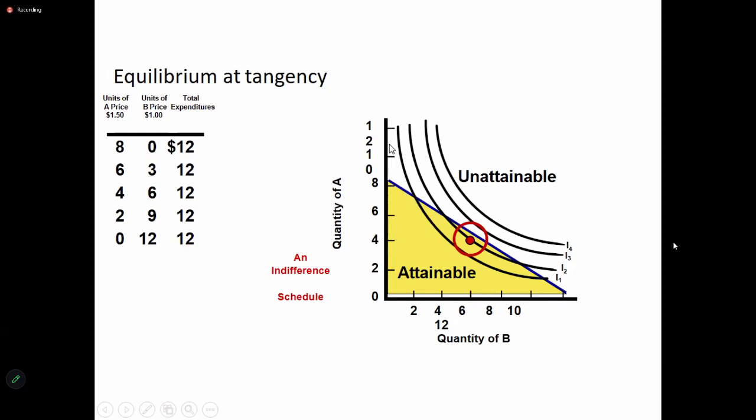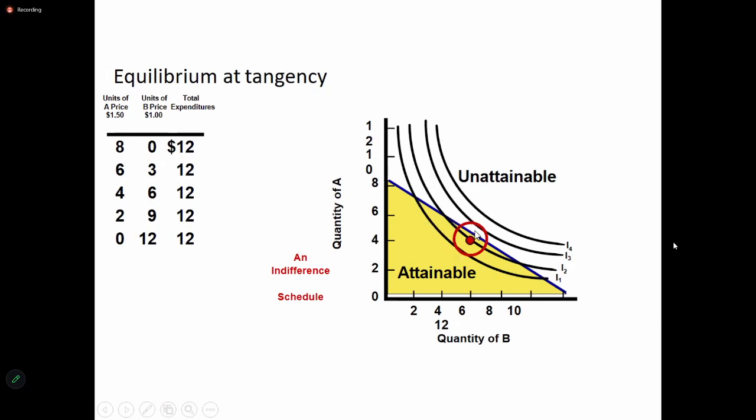Imagine there are many thousands of indifference curves and many budget lines, but some points come where the budget line and the indifference curve touch. The equilibrium point occurs when the budget line touches the indifference curve.